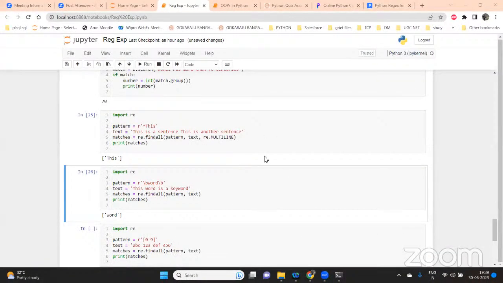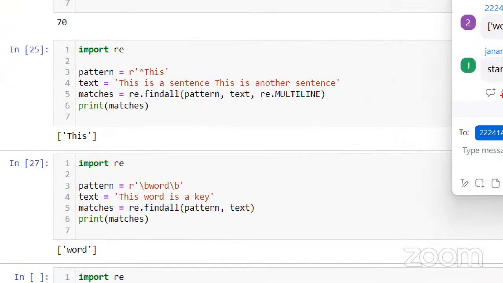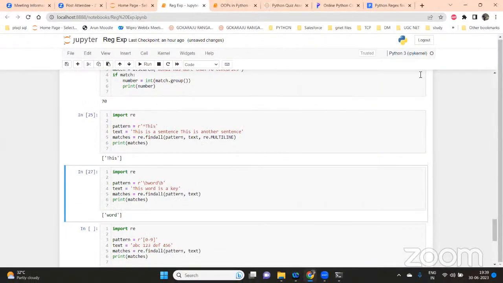Start with word and end with word. Let me remove the d. What is your answer? Start with word and end with word, right? But here it is not ending with word, still I'm getting the output. Starting and ending should match.